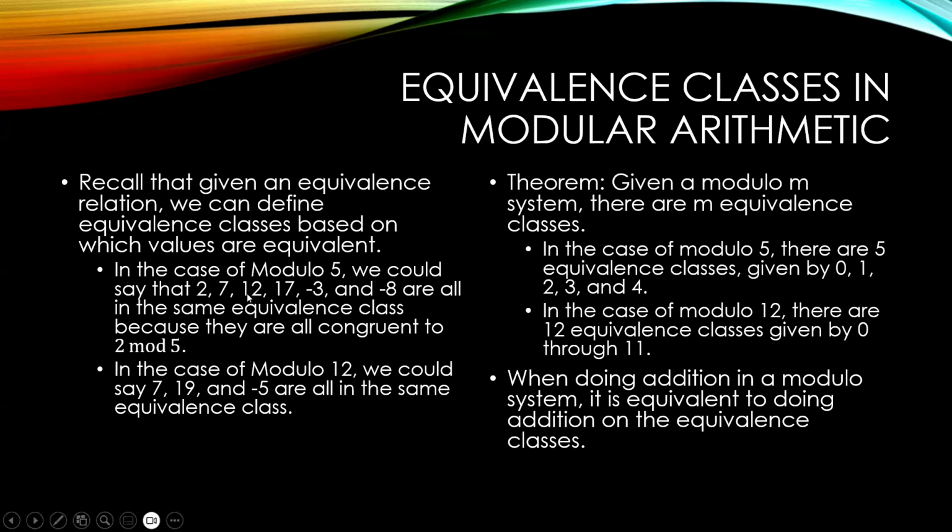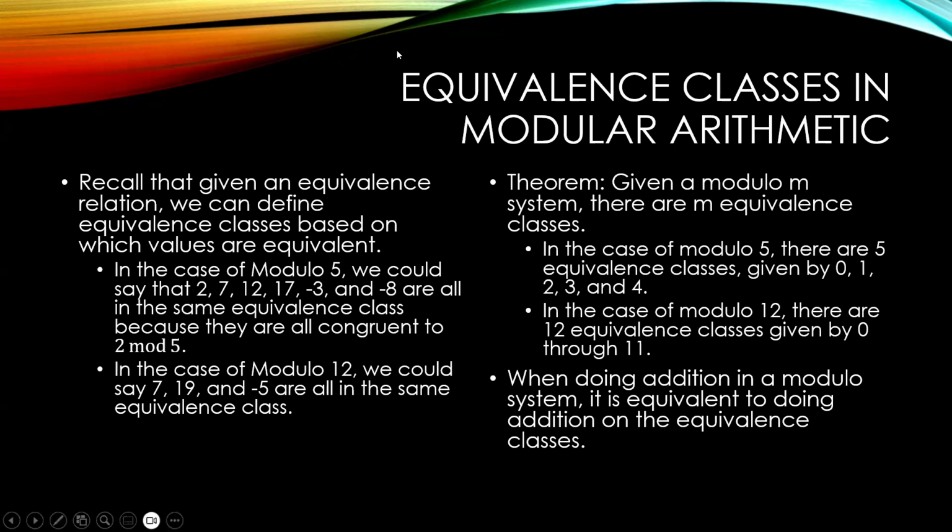In the case of a modulo 5 system, we could say that 2, 7, 12, 17, -3, and -8 are all in the same equivalence class because they're all congruent to 2 mod 5. And so we could classify all of them as being equal to 2. In the case of modulo 12, we could say 7, 19, and -5 are all in the same equivalence class. They're all equal to 7.